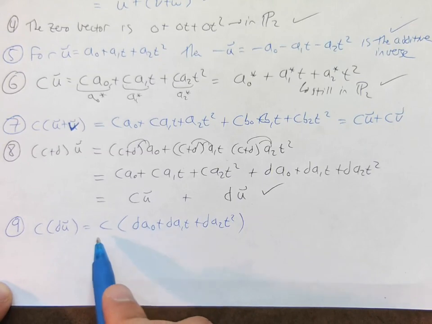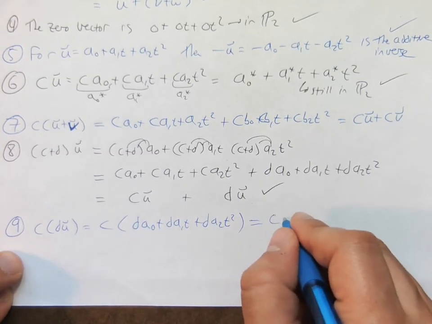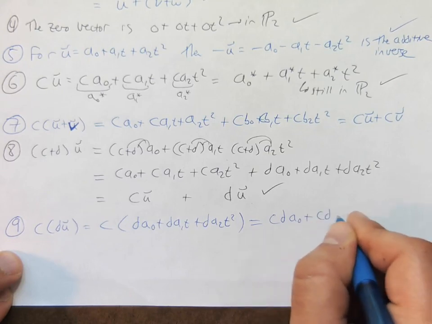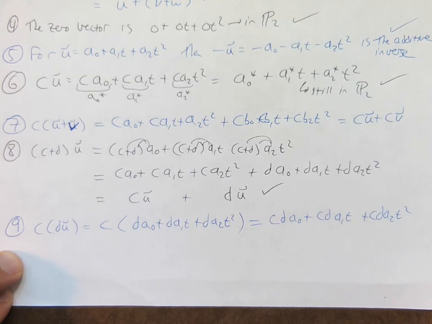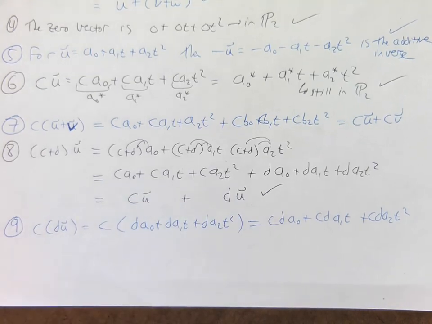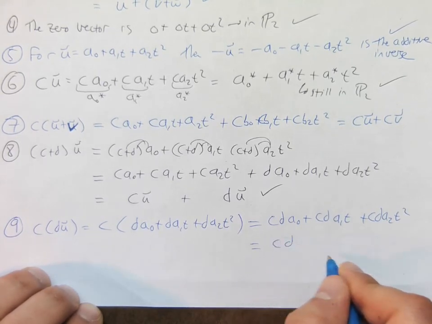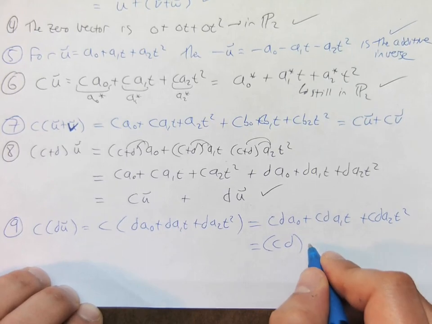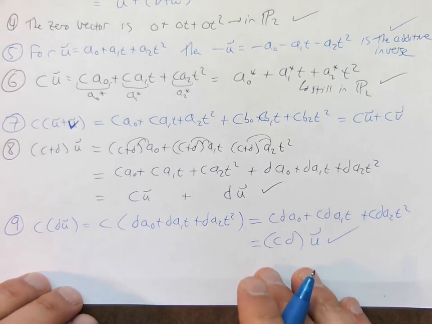And then we can multiply the c through there and get exactly what we're looking for. So cdA0, cdA1t, cdA2t squared. And then what we could do is factor the cd out and have it multiplied by u. So I'm going to skip a couple steps here and just say we could factor out the cd, have that separately, and then it would be multiplied by the vector u. And so that one works.